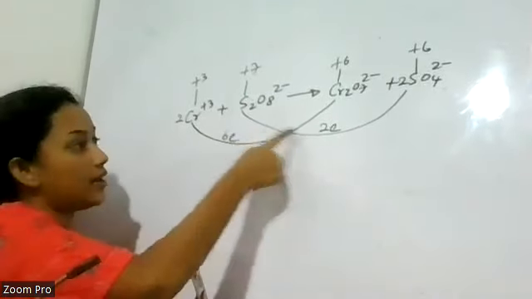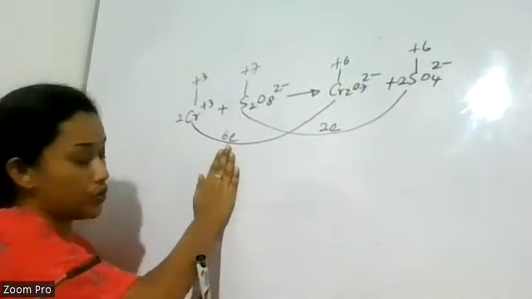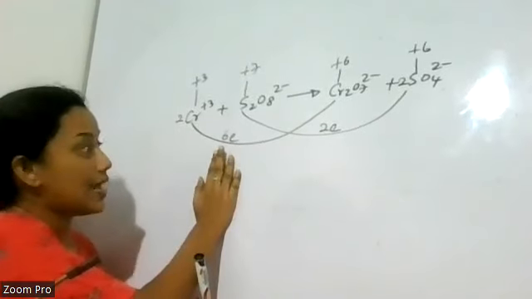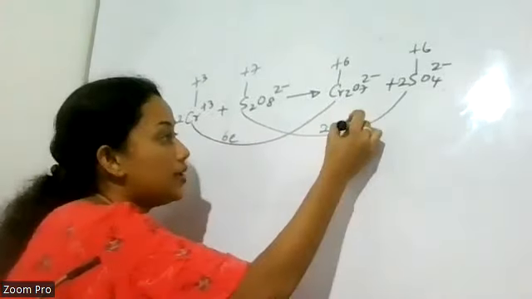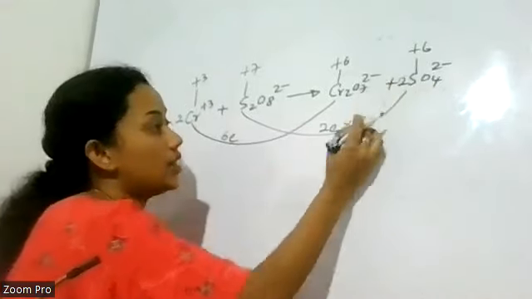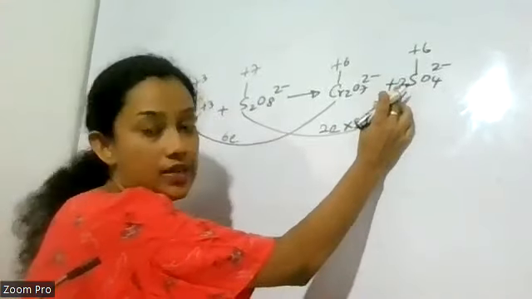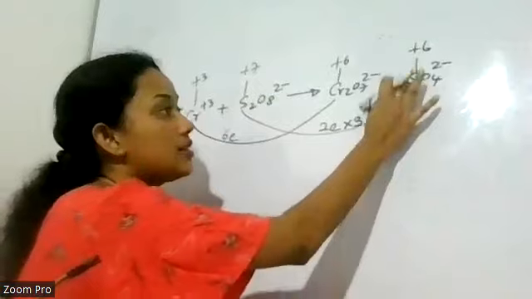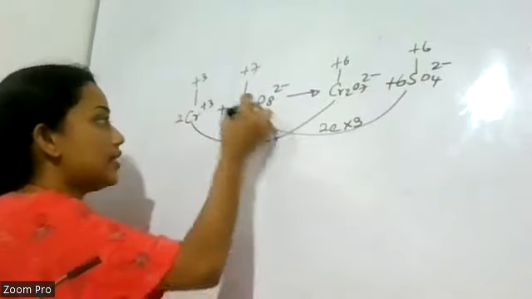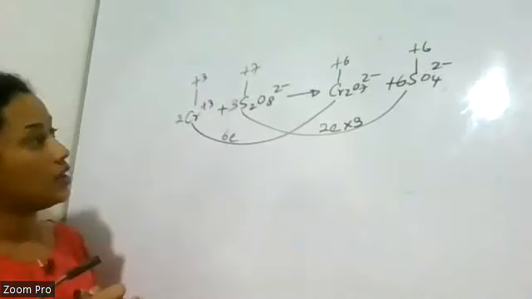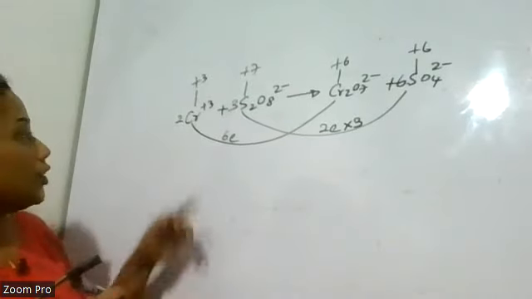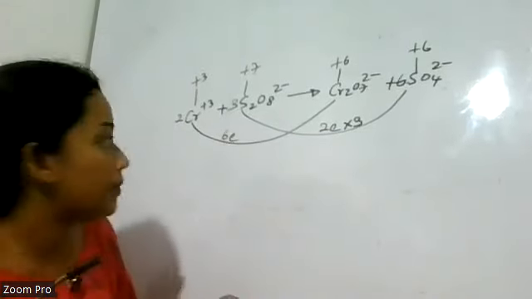To balance 6 electrons and 2 electrons, 2 should be multiplied by 3, 2 into 3 means 6. Then no need to multiply any other number.